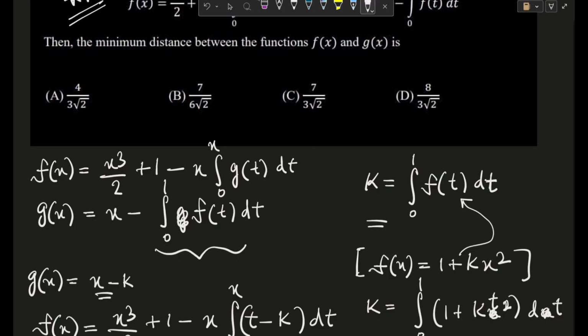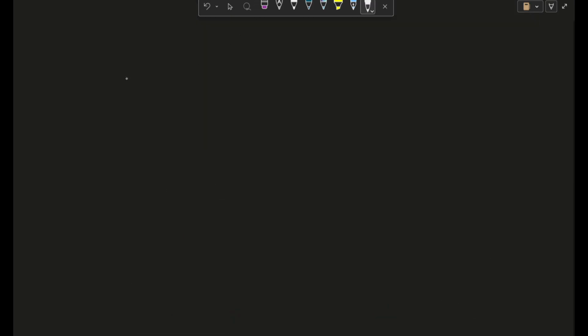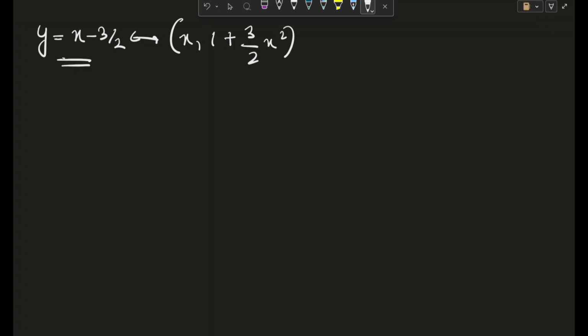Let's do it, guys. I am writing g of x as y equals x minus 3 by 2. Let's take a general point on f of x, say x comma 1 plus 3 by 2 x squared. Let d of x be our distance expression which we have to minimize.